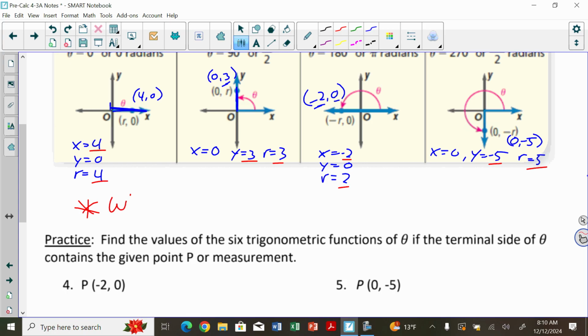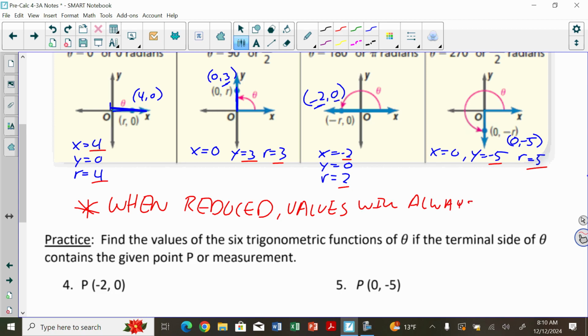That's another reason why reducing them early is important, because when reduced, the values will always be positive 1, -1, 0, or undefined. Right? Because if you have a 0 in the denominator, it would be undefined. But you can reduce these. You can see it's always going to be +1, -1, or 0.